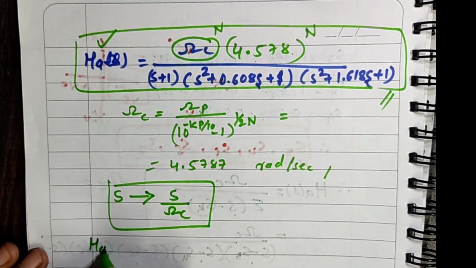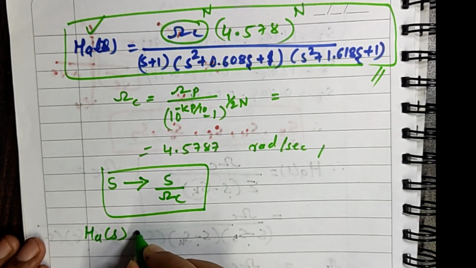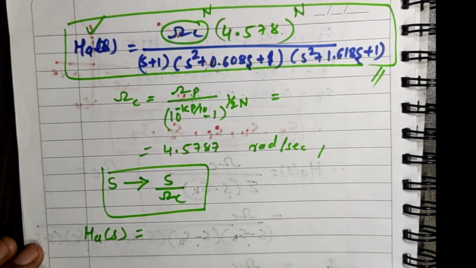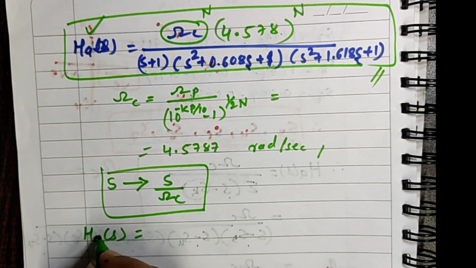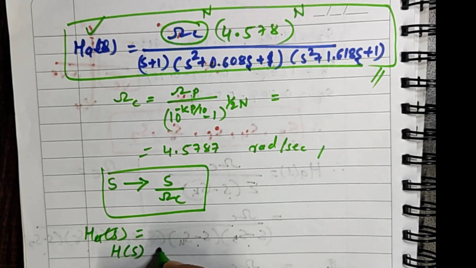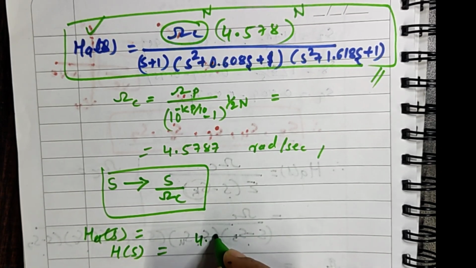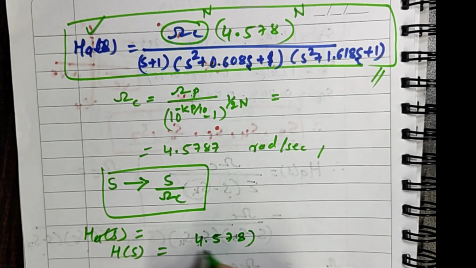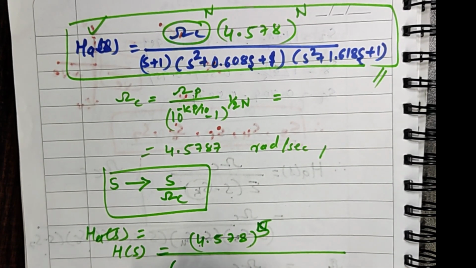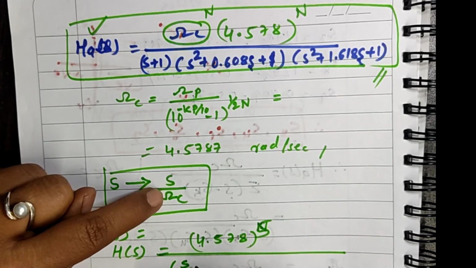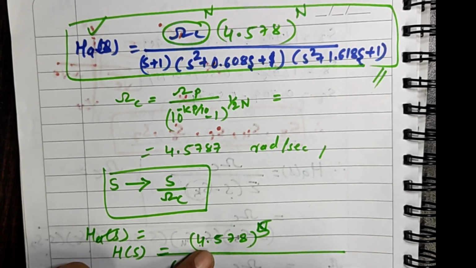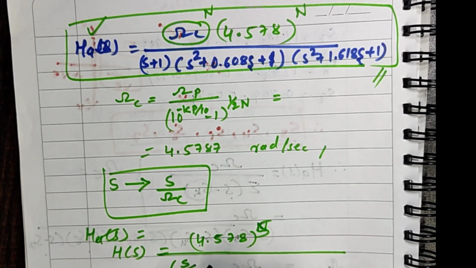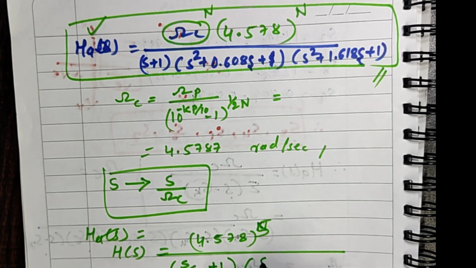For example, H of S is equal to, everything remains the same, 4.578 raised to n or 5, divided by, wherever we have S, we have to just replace by S by ωc. So H of S by ωc, already ωc we know 4.578. We can just replace this.